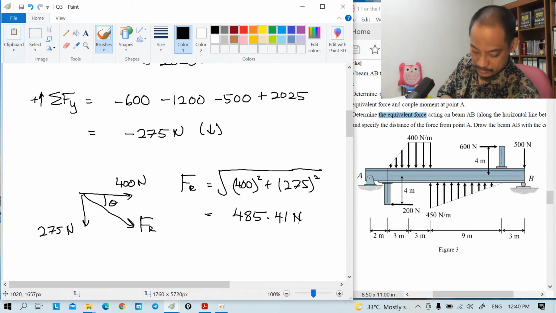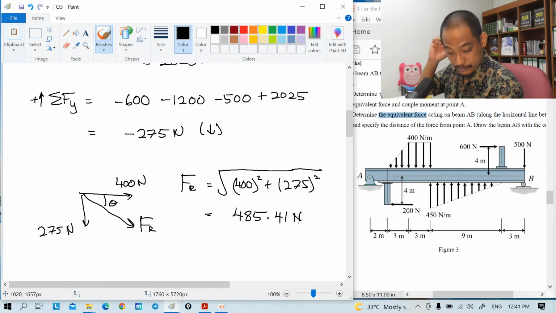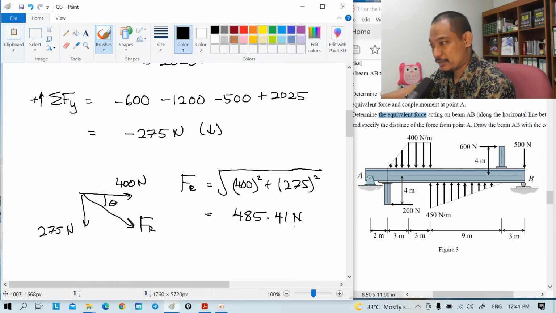Then double check, 400 squared plus 275 squared, 485.41.